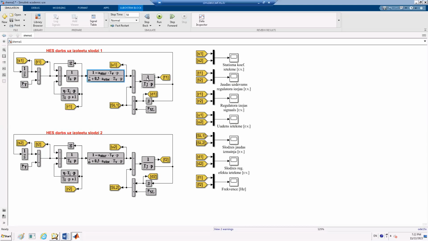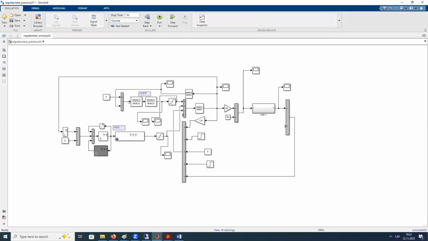Here this gray one are pictures, just to mark this block. I haven't used these pictures here, so this scheme is just a copy paste.